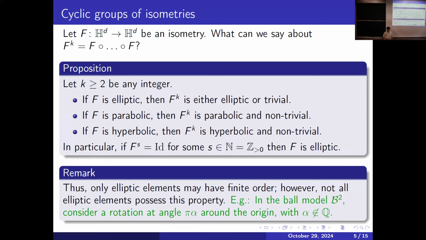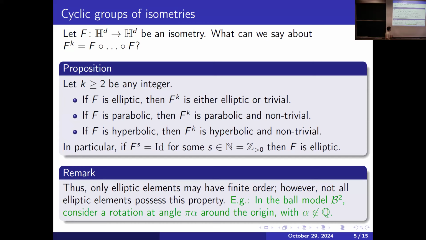You can consider this isometry in the ball model B2 and just take this rotation around the origin. This is going to be just a standard Euclidean rotation, and you will see that it is an element of infinite order, right? So again, this is actually important.